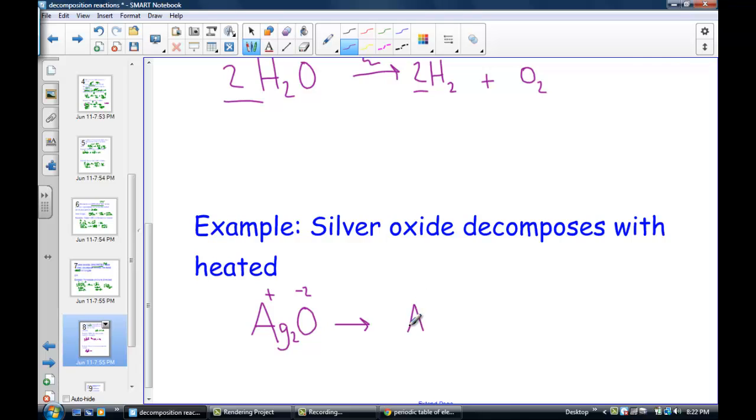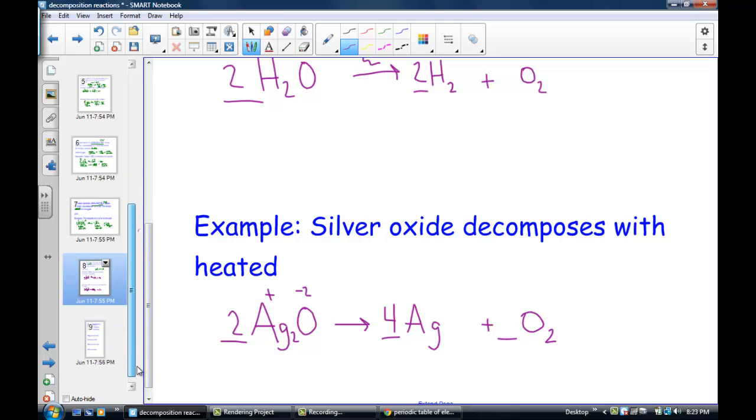So when they separate into their building blocks, we get the elemental form of silver and the elemental form of oxygen, which is the lucky 7 diatomic molecule. And once I get my skeleton set, we go back to balance. 2 O's on the right, 2 on the left, giving me 4 silvers here. A 2-4-1 coefficient ratio. Boy, we're really doing well predicting patterns of decompositions.